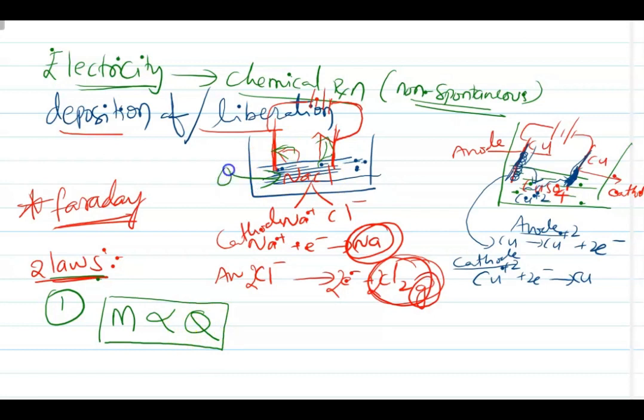How much charge is passed will decide the amount of deposition or liberation. If more charge, more deposition. If less charge, less deposition. That's all. So it depends upon the amount of charge.